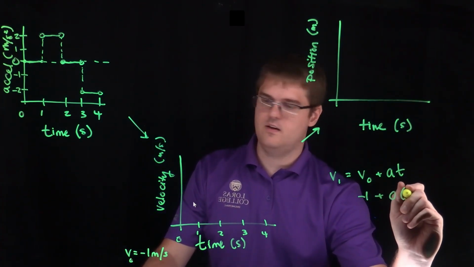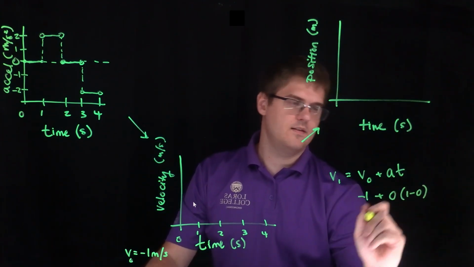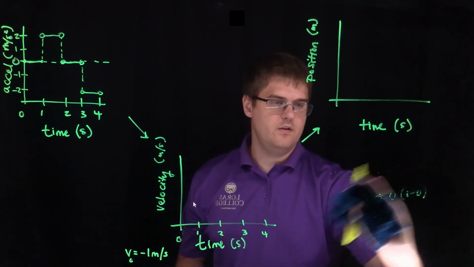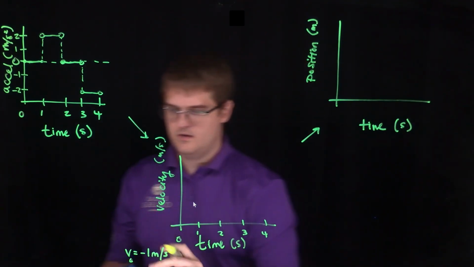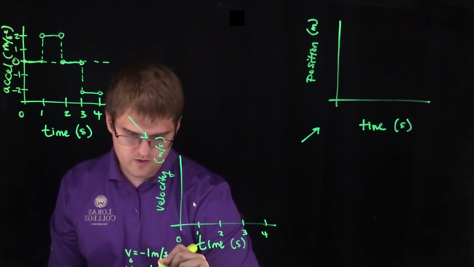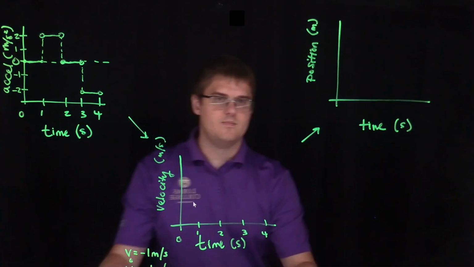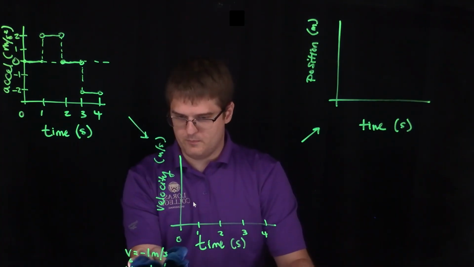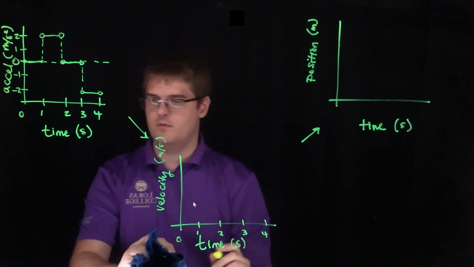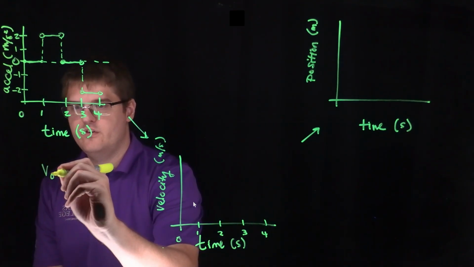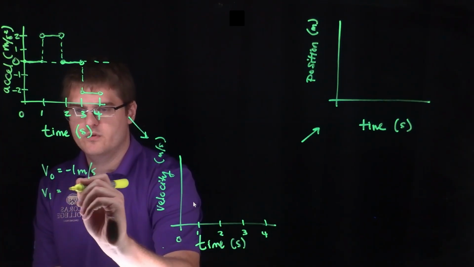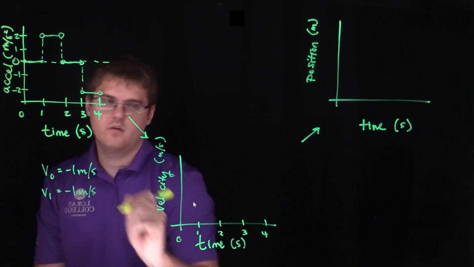So the fact that it is 1 second doesn't really matter because we're multiplying by 0. So my velocity at 1 is going to be -1 meters per second. And that is off the board. I apologize. I'm going to move all this up then. Velocity 0 is equal to -1 meter per second. Velocity 1 is equal to -1 meters per second.